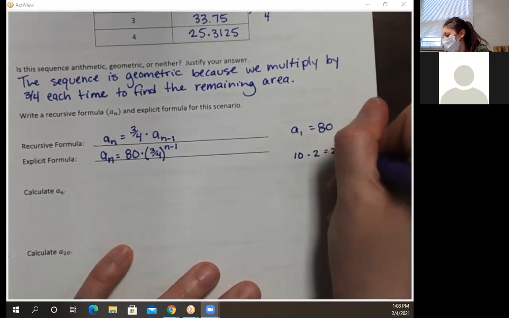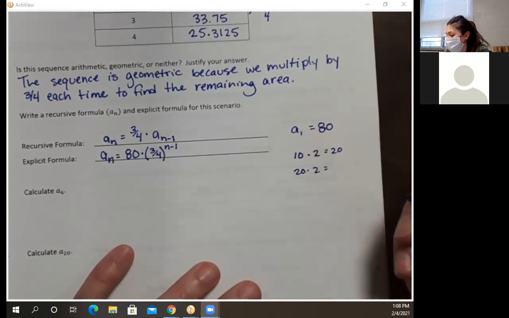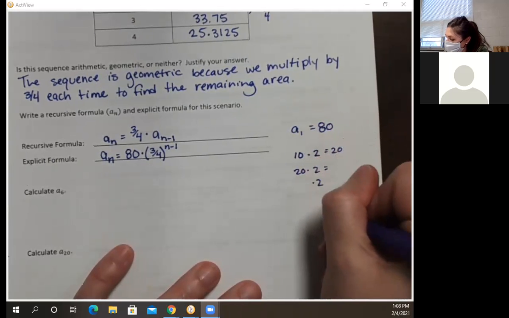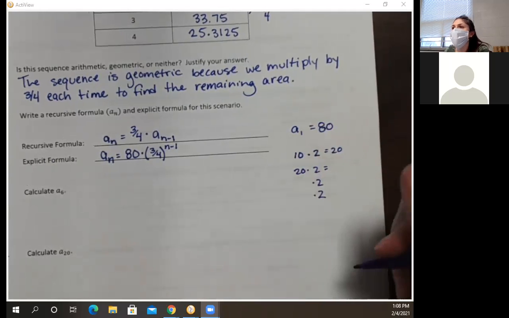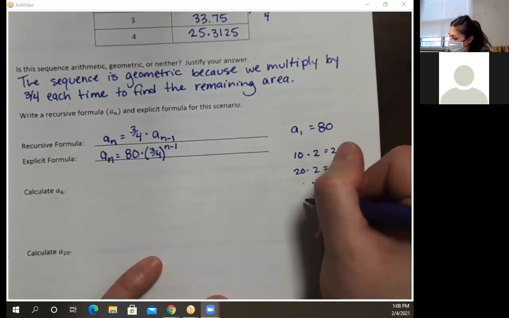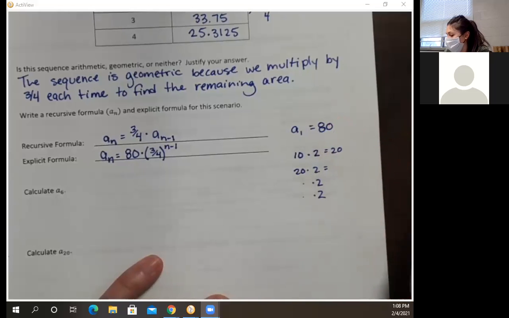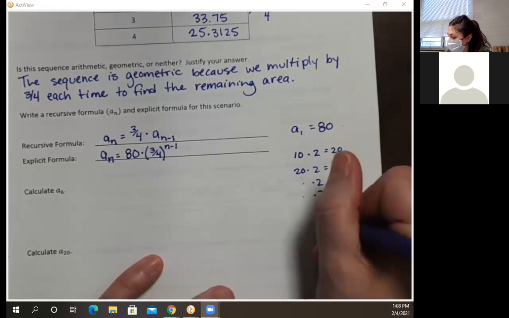That would tell me my second term is 20. And then to get each next term, I have to multiply by 2. Let's say we multiply by 2 each time. So there's 1, 2, 3, 4. If I want the fifth term, I would have to multiply by 2 4 times.